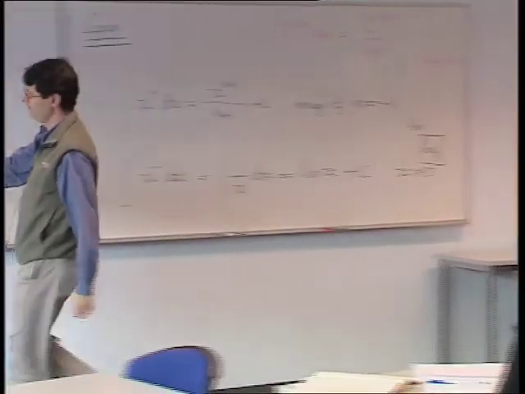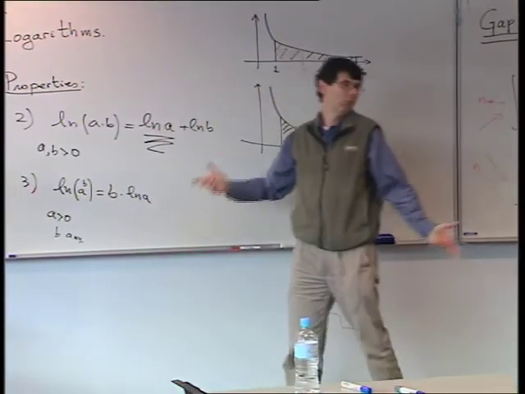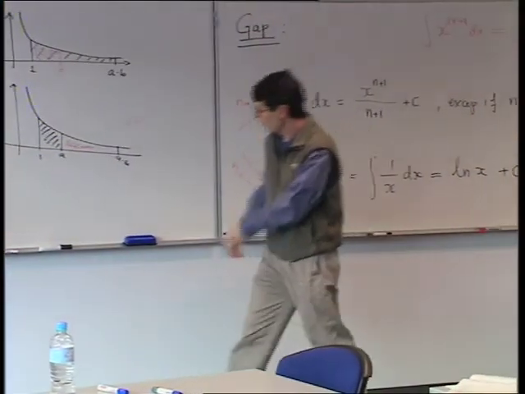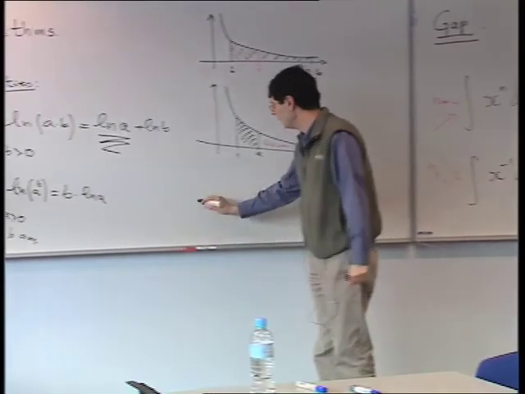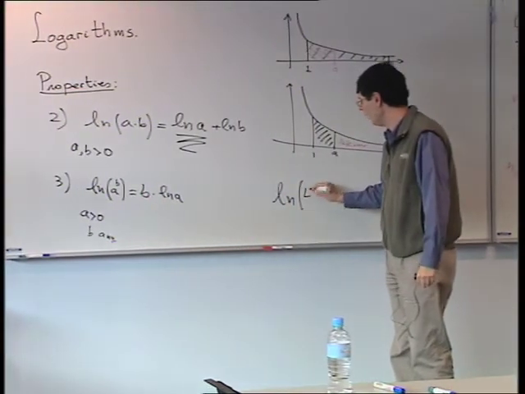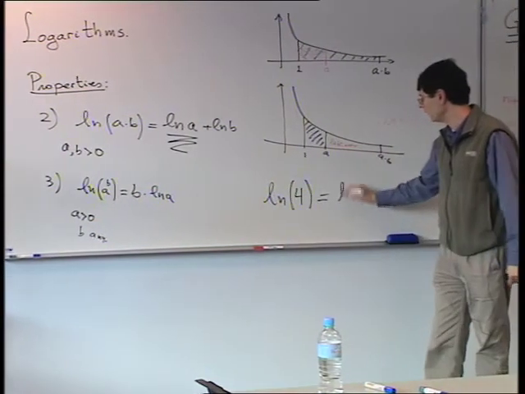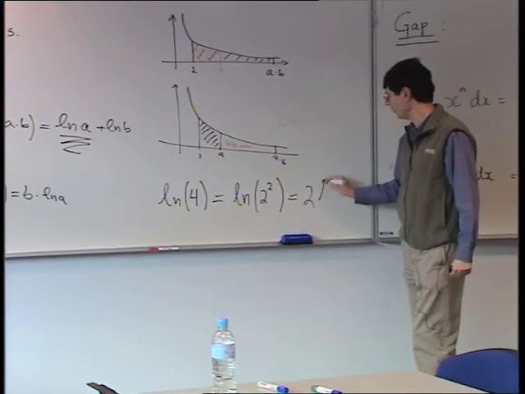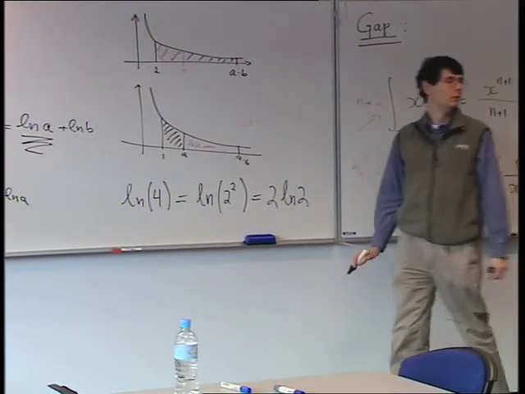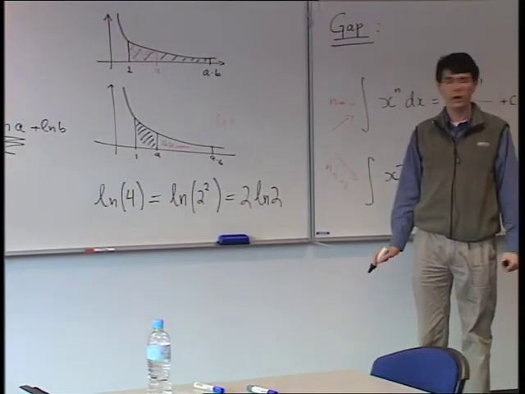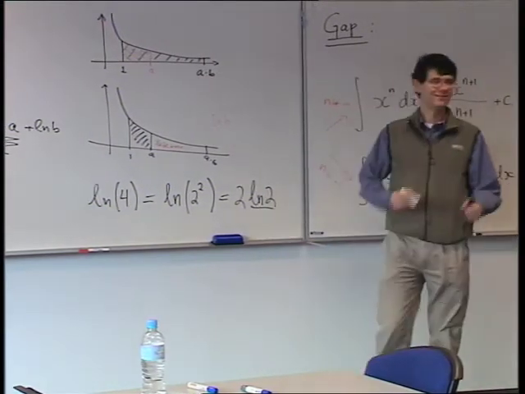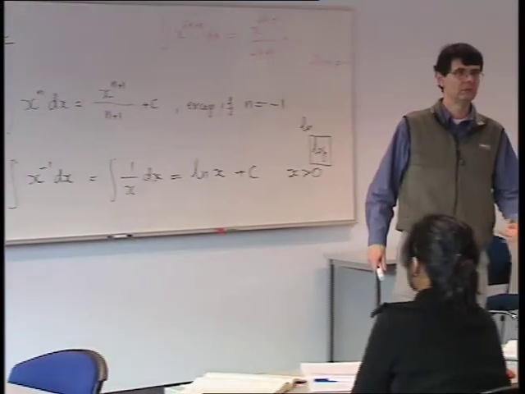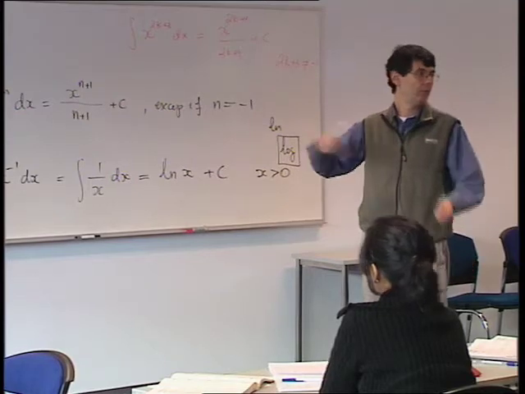You deal with B and log A. So for instance, if I need to find out log 4, well, this is log of 2 squared. This is 2 log 2. So if I want to find out log 4, I just need to find out log 2. It's a great help in building the tables, right?